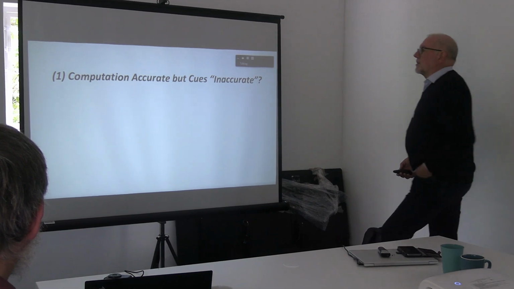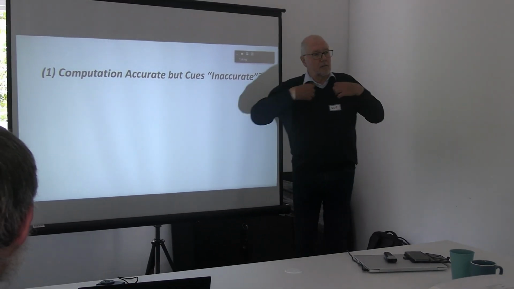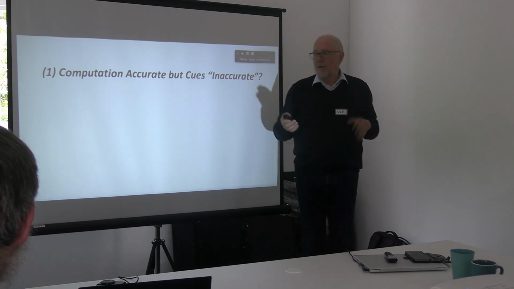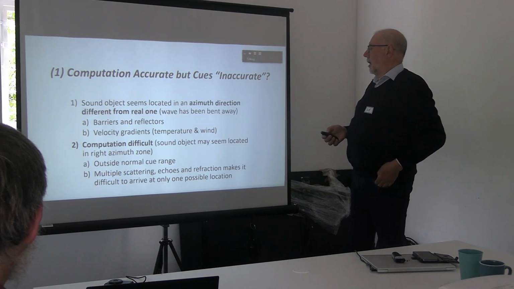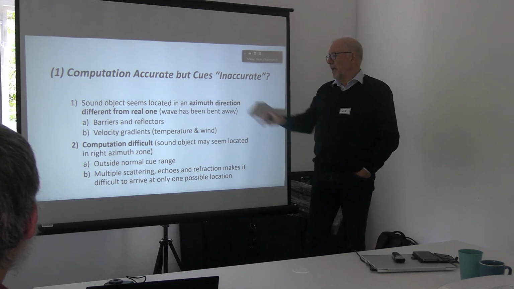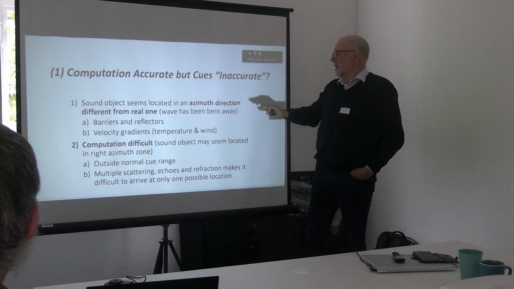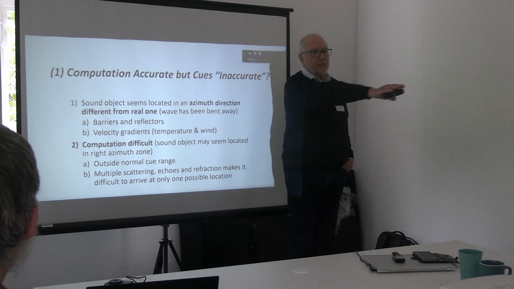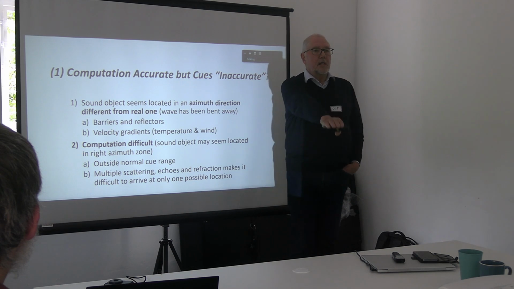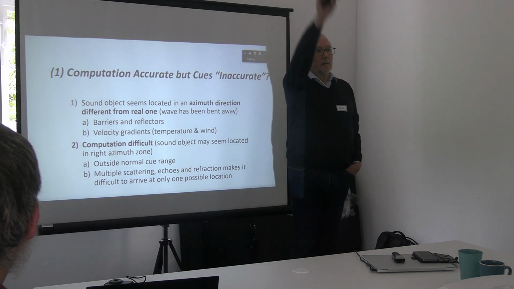So let's start with, we are good at locating, it's only the cues that may be different. So we may estimate an azimuth direction, and azimuth, of course, is horizontal direction to a source, with elevations in this.